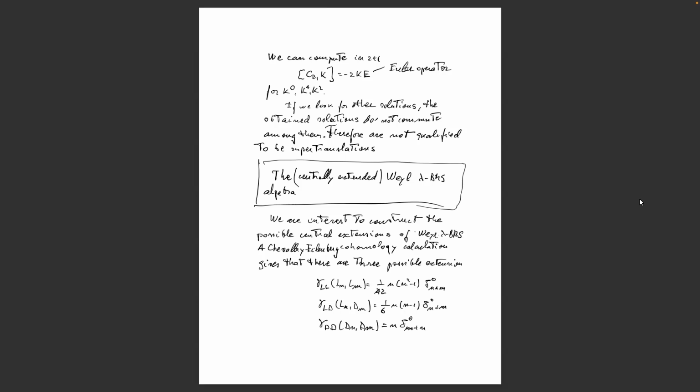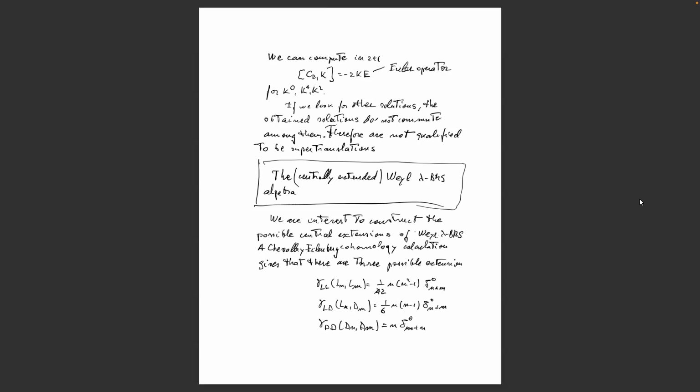Therefore, it's natural to ask, can we construct central extensions in a similar way? As we know from the DeWitt algebra, with the Ln, there is a Virasoro algebra that has a central element, related to the central charge of the conformal algebra. And this can be done using cohomology. My colleagues, Jose Figueroa and Guidis, did that, computing the extensions in the second cohomology class of Eilenberg-Chevalley. One finds a central extension in the commutator of L with L, which is what you probably know from the Virasoro algebra.